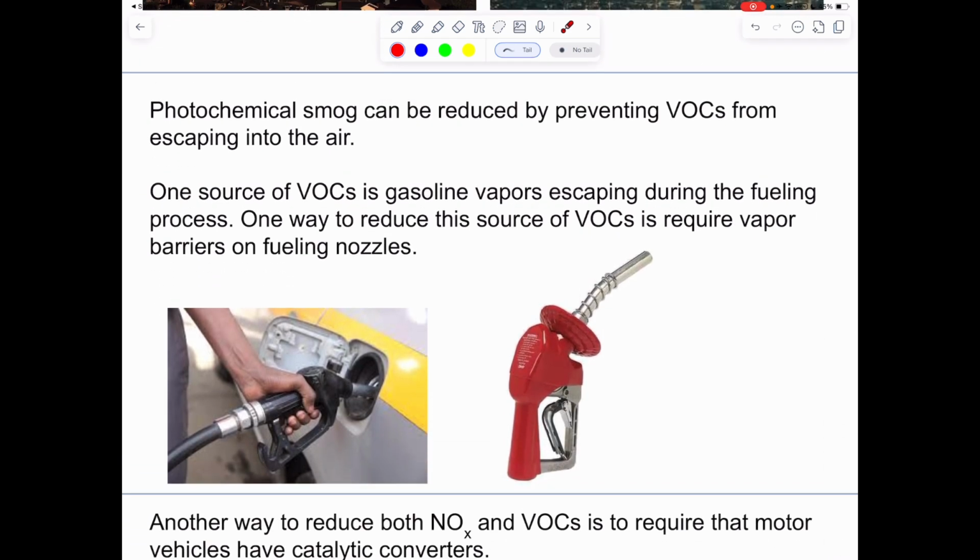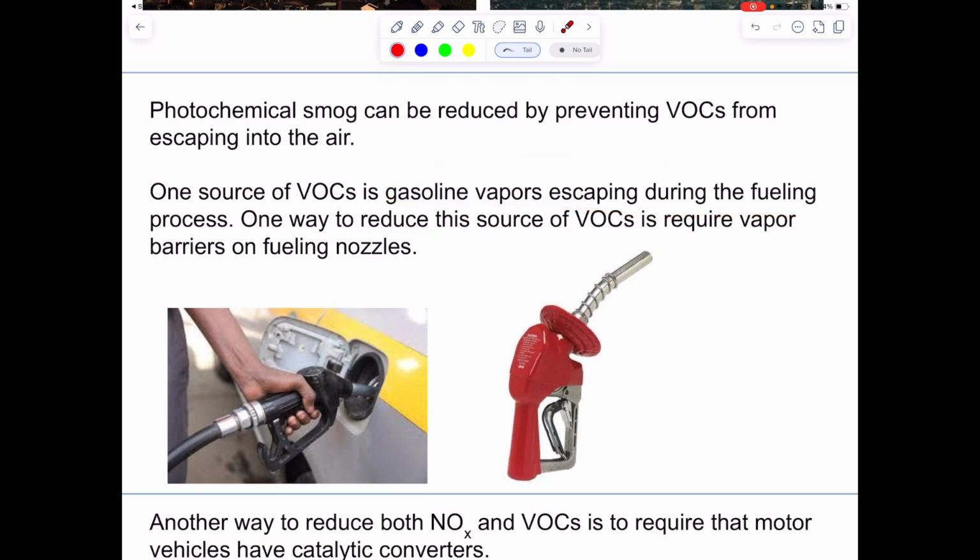Now, luckily, we've learned a few things, and there's been a lot of clean air acts that have been put into use to figure out how can we reduce these VOCs from getting into the air. Because that's one of the major components. If we can reduce VOCs, then we're going to have less photochemical smog. One of the largest sources of VOCs is gasoline vapors escaping when people are fueling.